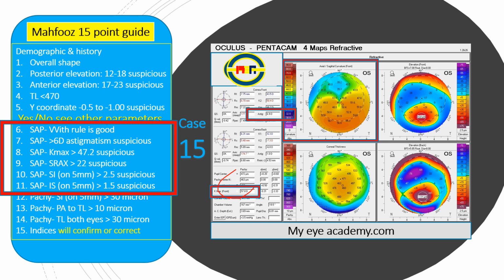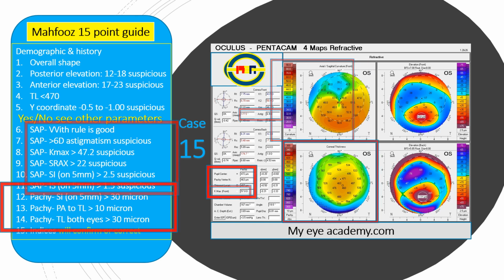At the 5mm circle, we have got a 38 diopter here and 51 diopter here, so there's a difference of more than 2.5. And then look at the Kmax. Kmax is much higher, and let's confirm it with the Pachy readings.